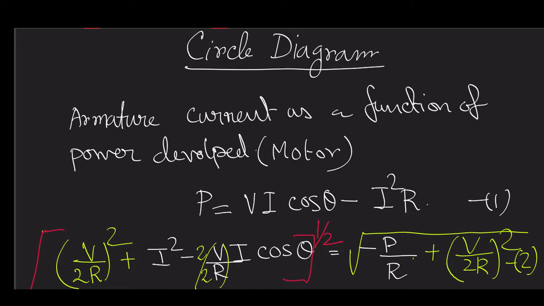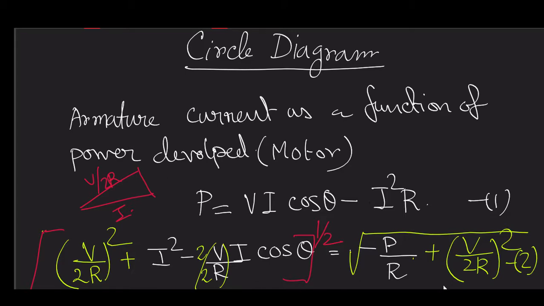So you are trying to obtain a kind of triangle sum, where one side is V by 2R, another side is I, and that is equal to the square root of this term.